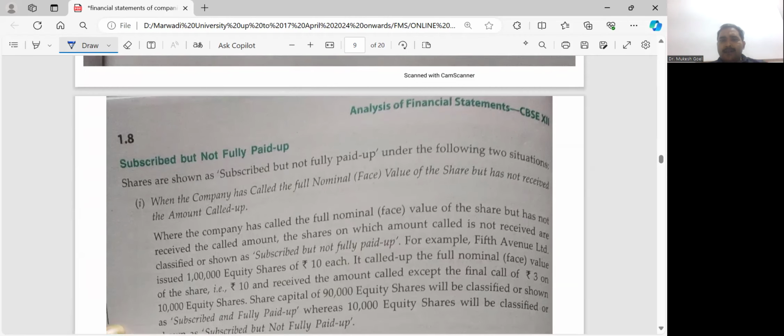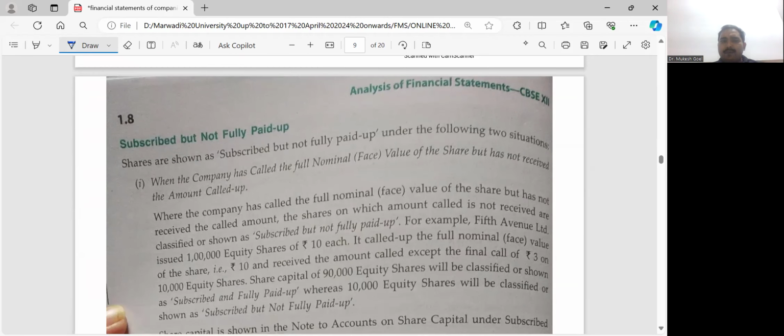On the other hand, suppose the company has 1 lakh equity shares of 10 each and the company called 7 out of 10. It means 3 is uncalled capital. So this is called subscribed and not fully paid up.